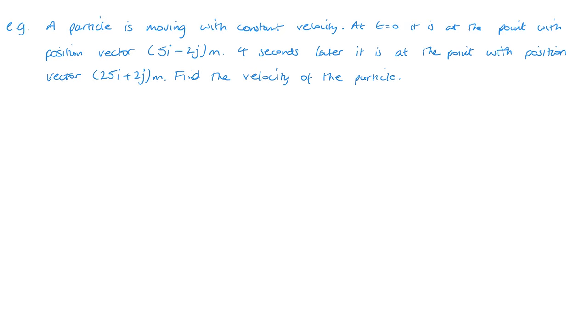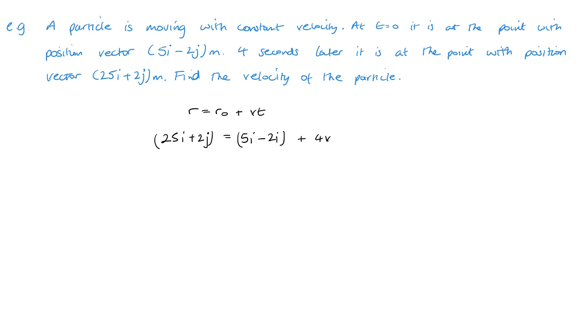If you think about it, R equals R0 plus vt. R is going to be 25i plus 2j. R0 is going to be 5i minus 2j. The time is 4 and the velocity is what we want to find.